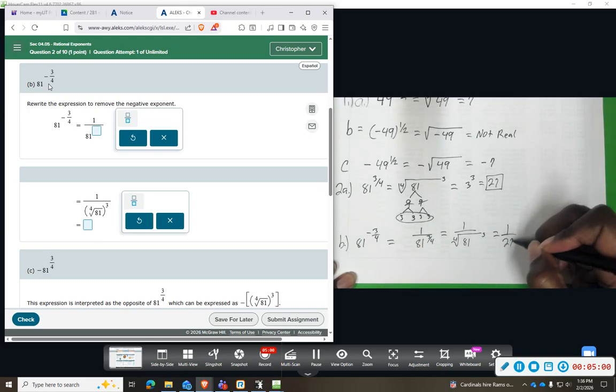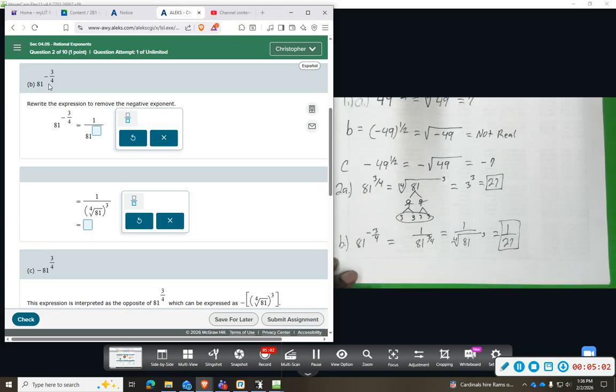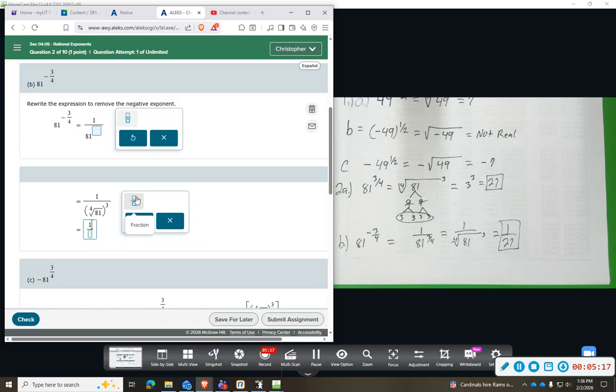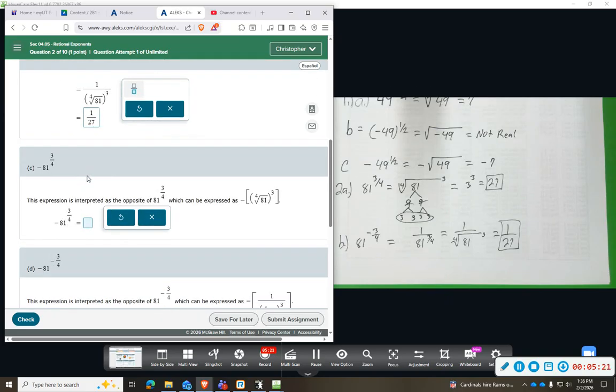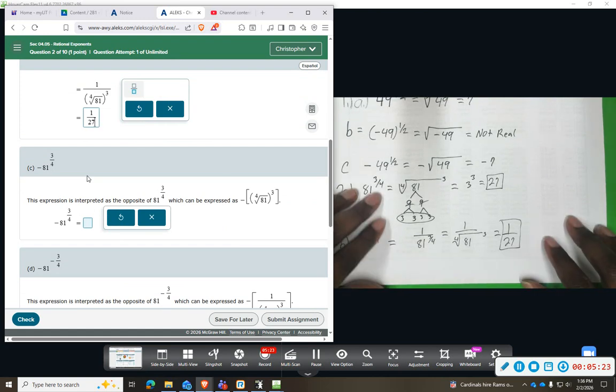So 1 over 27. So that's the first step they show us, and then we get 1 over 27. All right, part C.